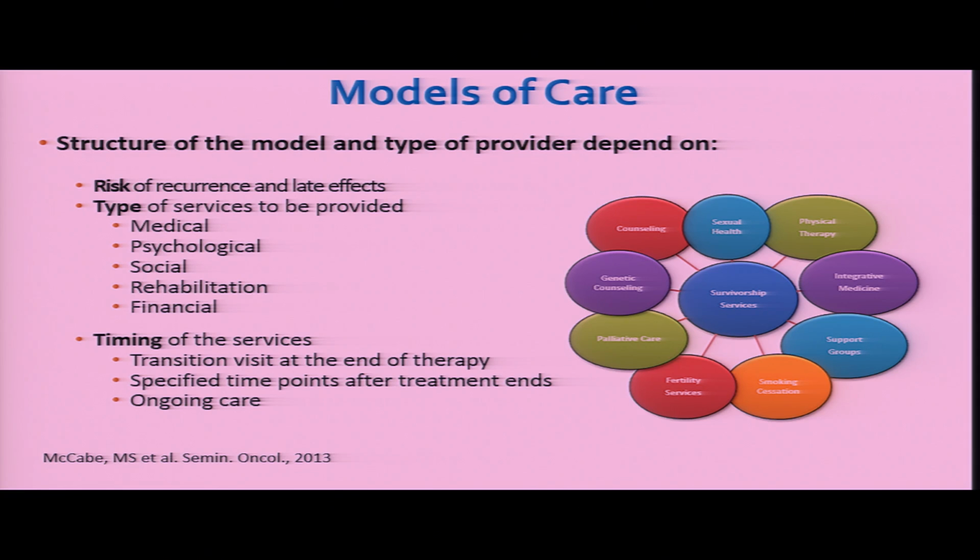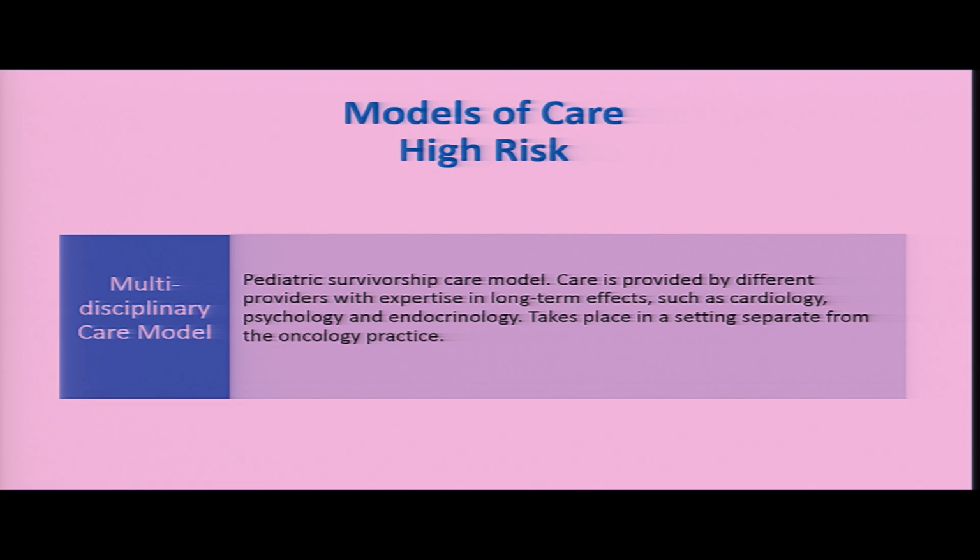And we heard yesterday about the need for continuing care from the time of diagnosis. So if we take this paradigm of a risk-based approach to care, I'd like to highlight one of the ongoing models, the multidisciplinary model, again used in pediatrics for those individuals at high risk for late effects or recurrence that need an intensive approach to their follow-up care.